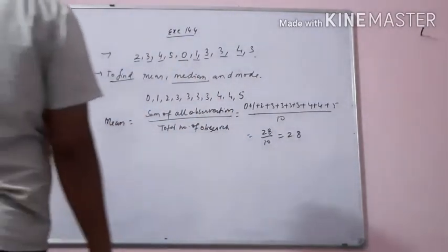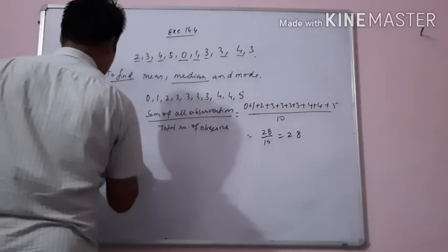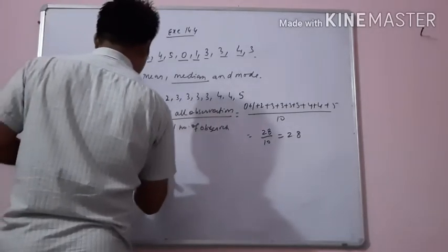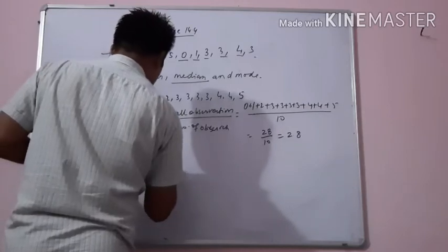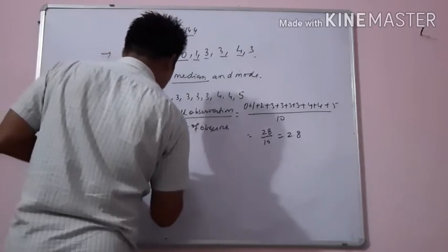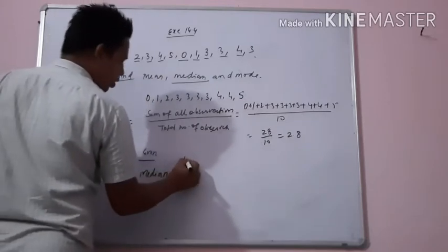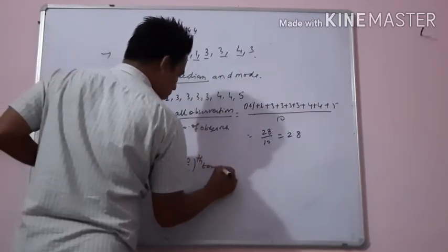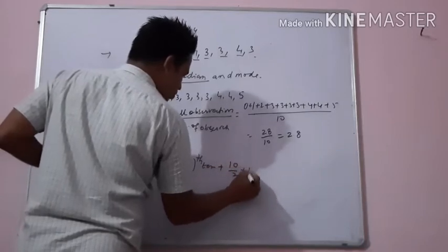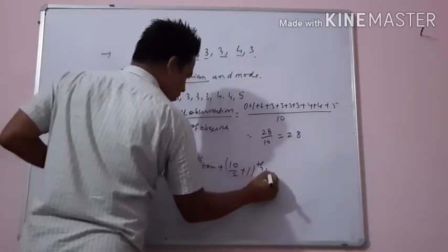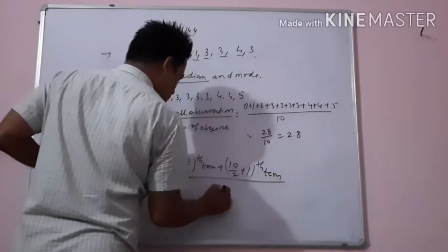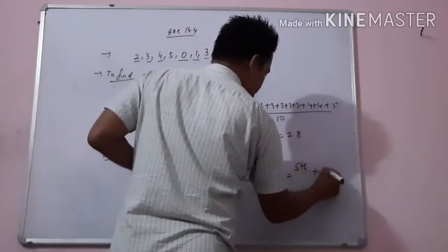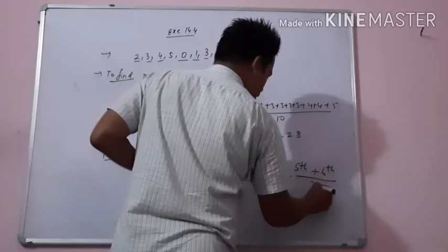Now see, n equals 10. So n is even. So median for this case will be the (n upon 2)th term plus the (n upon 2 plus 1)th term, upon 2. 10 upon 2, the fifth term plus the 6th term, upon 2.